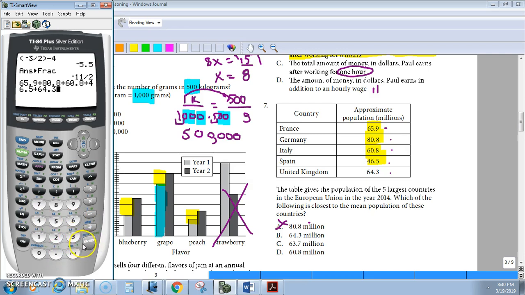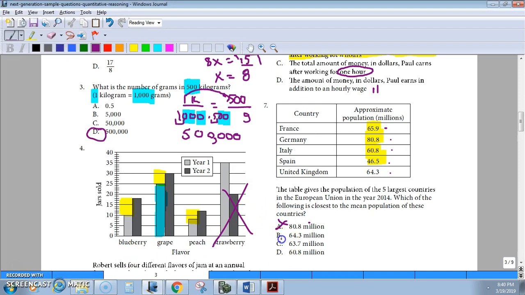You have to enter before you divide because I didn't use parentheses. Enter and then divide by 5. 63.66. So it's going to be C.